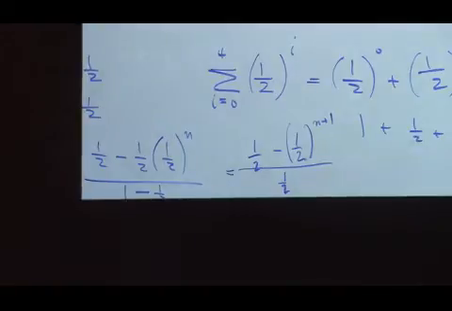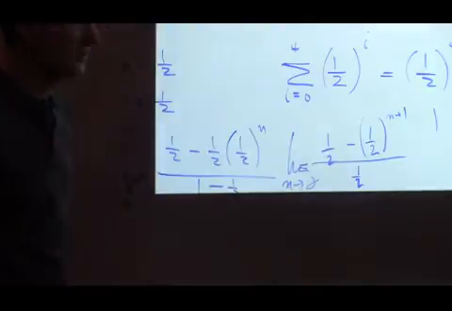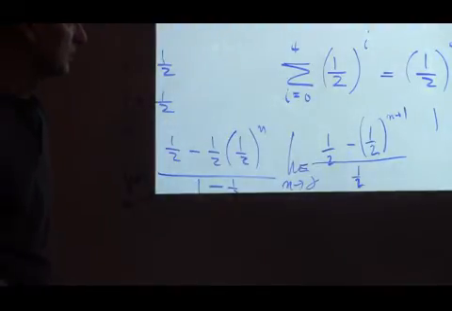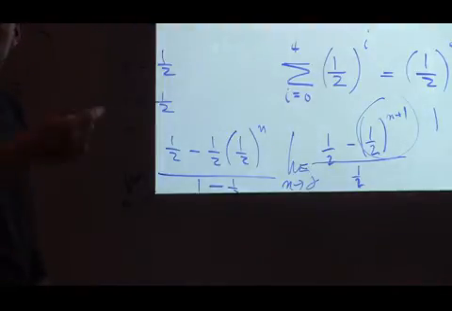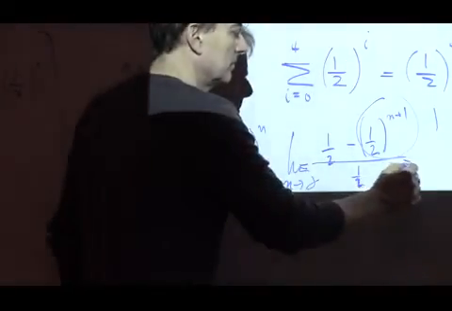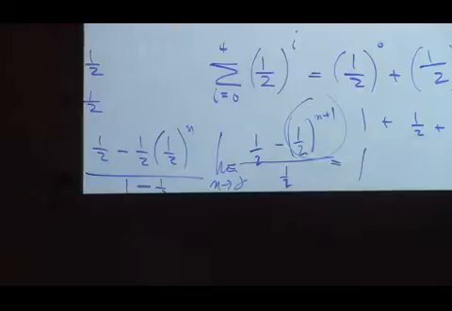Correct? But remember, we're taking the limit of this as n goes to infinity. What happens to 1/2 times 1/2 times 1/2 forever? It goes to 0. So what does the sum go to? 1. So even though we have an infinite number of terms, the sum converges to 1.